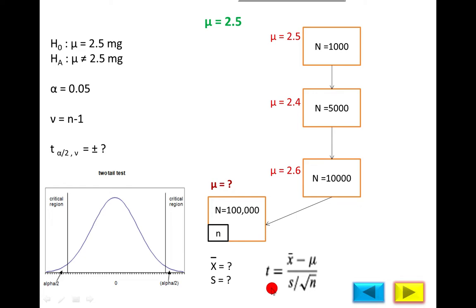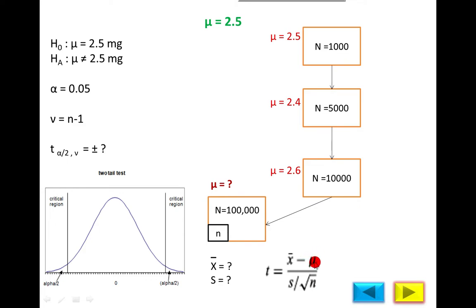The t-test is used for testing of hypothesis for the population mean when the sample size is small. Small means less than or equal to 30. So we substitute the sample mean x bar here, s here, and the sample size. And what is this mu?